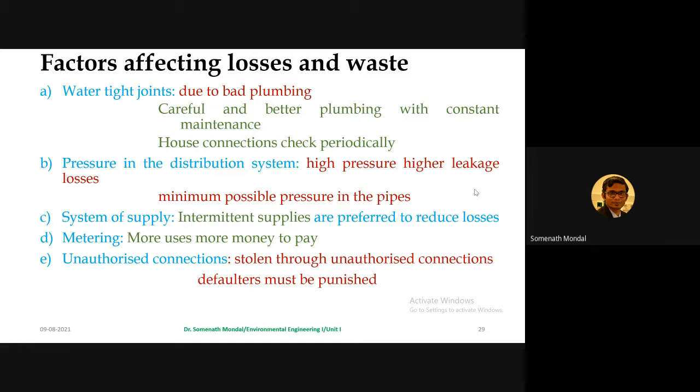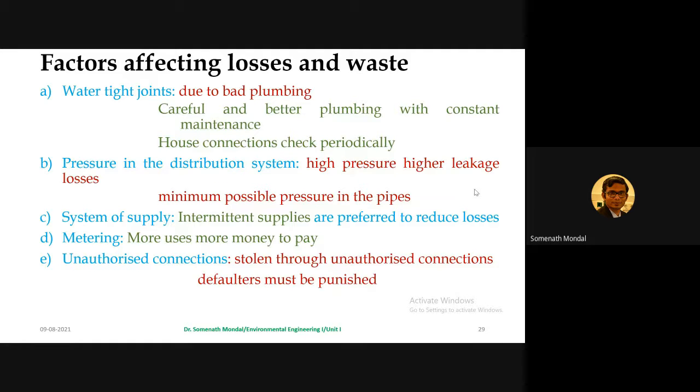The joints in the main water pipes generally leak because of bad plumbing, and that can lead to huge wastage of water. So careful and better plumbing becomes most important, and the entire distribution network should be maintained periodically, and throughout its design life, in order to ensure that water losses can be minimized.